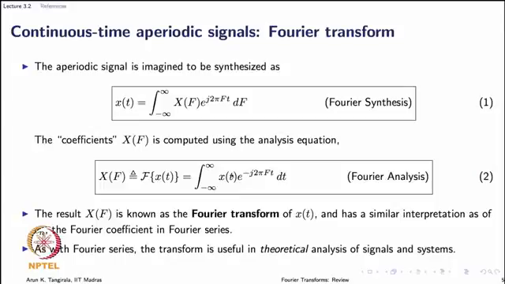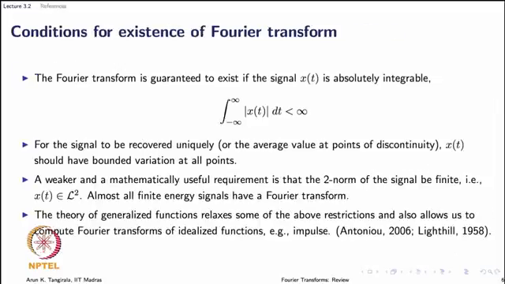That is the primary requirement, and with that requirement you can start off by requiring the magnitude of x of f to be less than infinity, and then use the triangle inequality and certain other inequalities, and then you can arrive at the requirement that x of t be absolutely integrable.